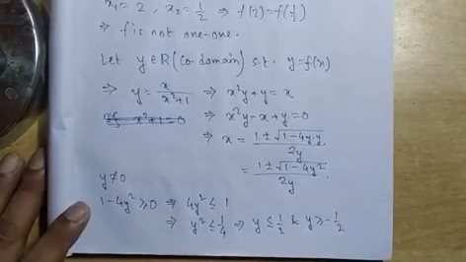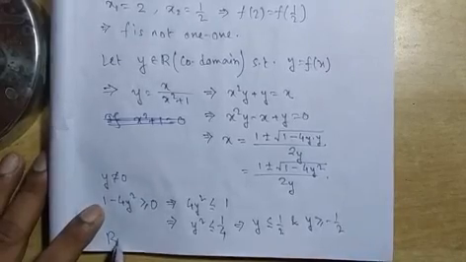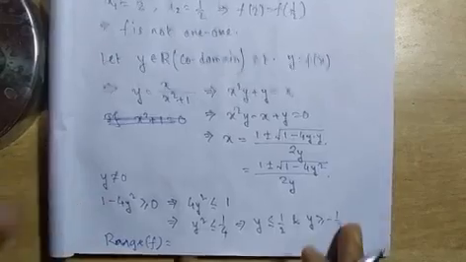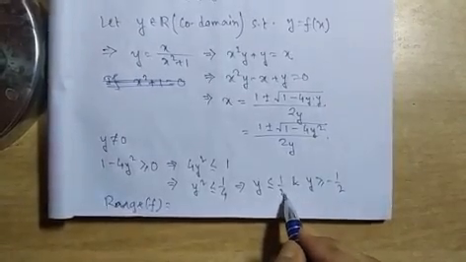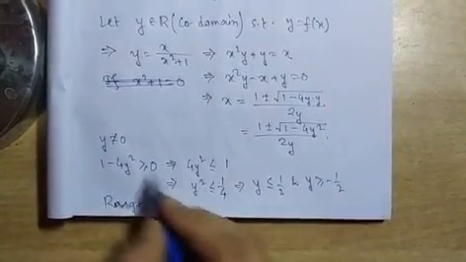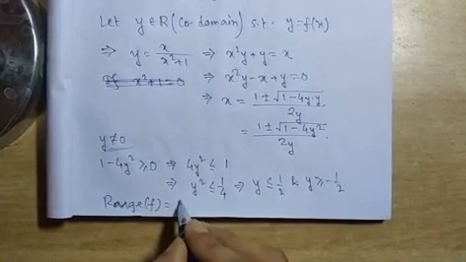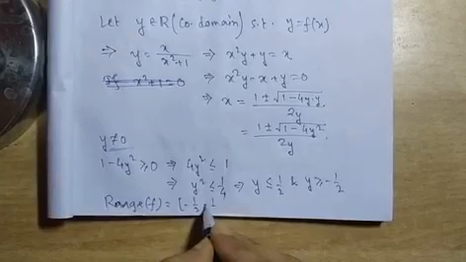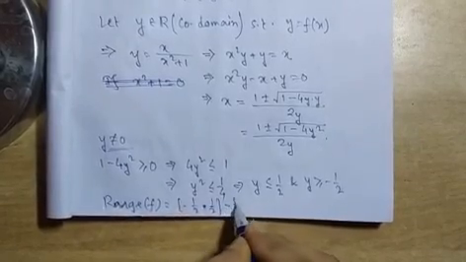So the range of the function is all the real numbers between −1/2 and 1/2 excluding 0. We can write it like this: [−1/2, 1/2] minus {0}.